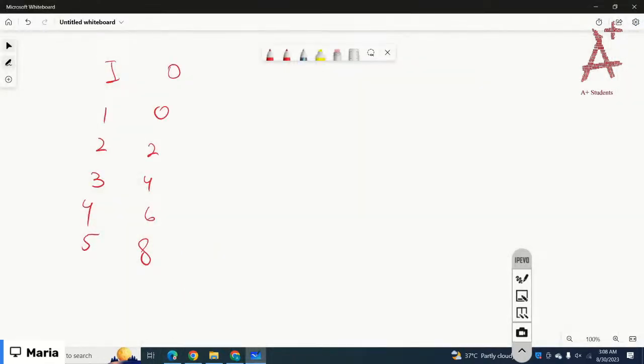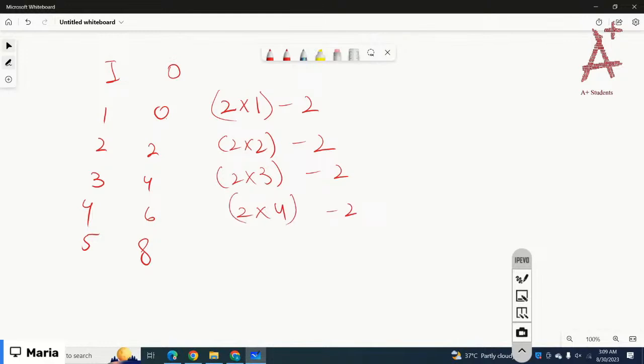1 and 0. 2, 2. 3 and 4. It would be 2 times 1 minus 2, 2 times 2 minus 2, 2 times 3 minus 2, 2 times 4 minus 2, and 2 times 5 minus 2.